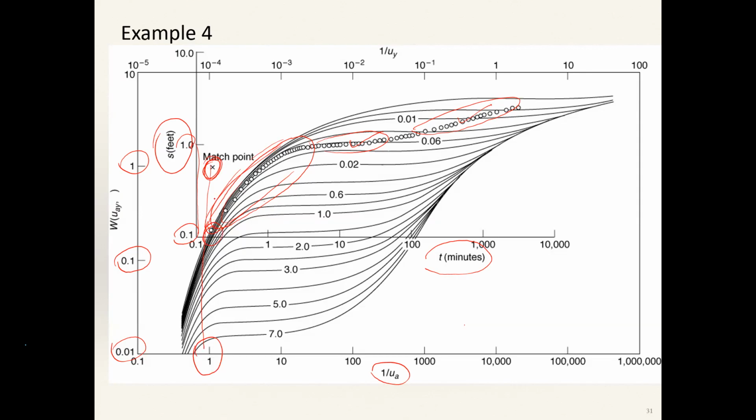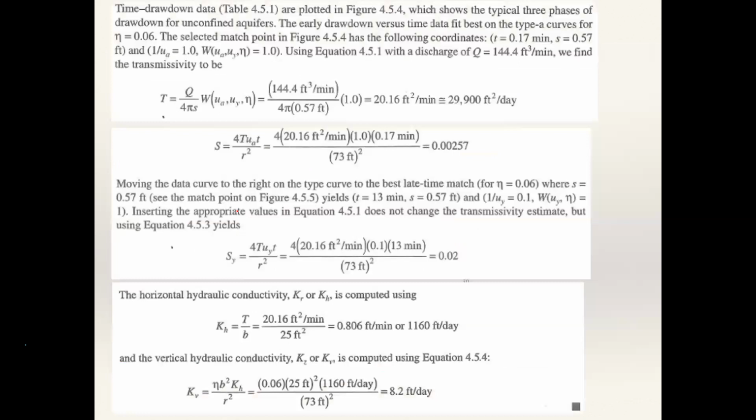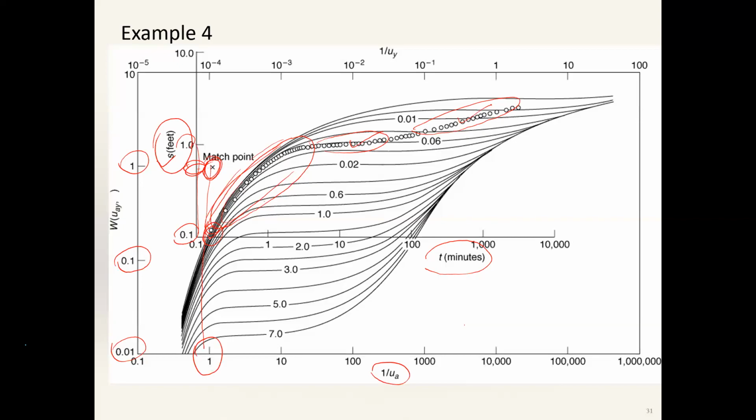So we take these readings here and here. We take the reading, that is the drawdown and the time, similar to the previous case. Then substitute into the equation. Very simple. We have the pumping rate. We have the drawdown that is coming from here. This is the drawdown.